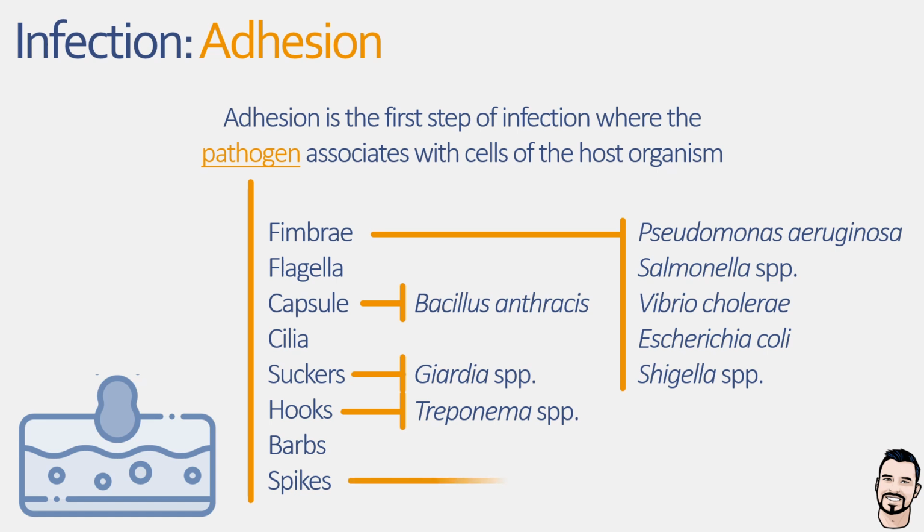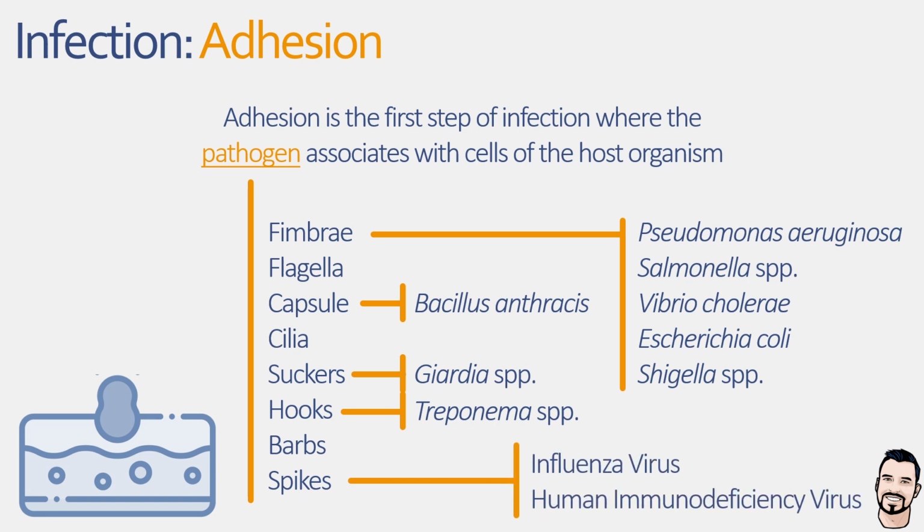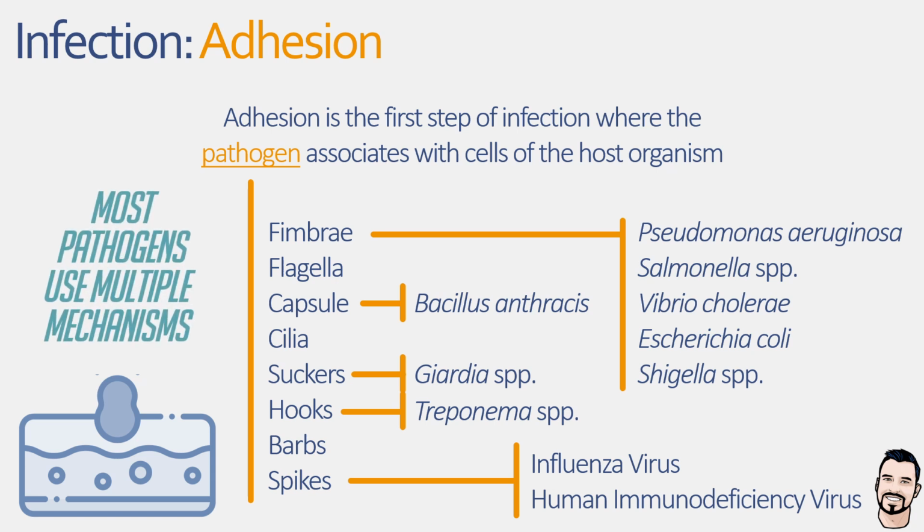We have viruses which are dependent on surface spikes, so the influenza virus binds sialic acid receptors on the respiratory mucosa, while HIV will typically attach to specific receptors on white blood cells. Now, adherence is so critical to infection that most pathogens rely on multiple adhesion mechanisms rather than just one.